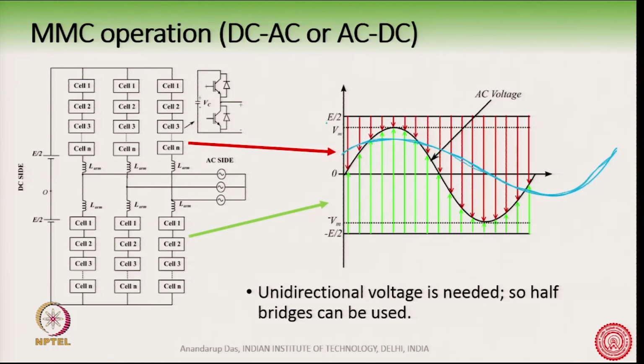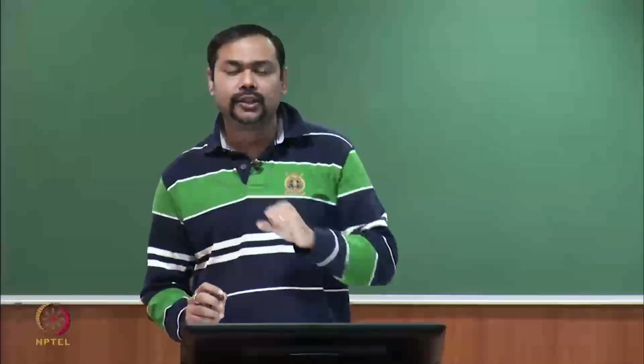So, this flat line is no longer a flat line. It is not a fixed DC, but it has started to vary, slowly.